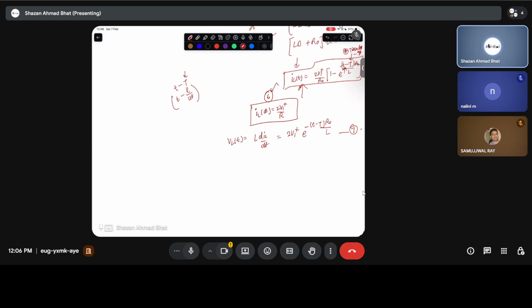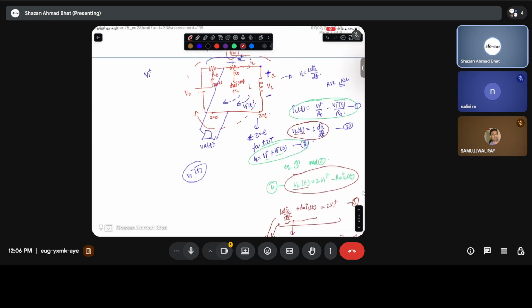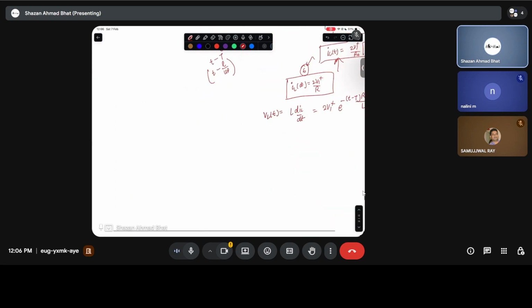So if you use equation 7 in equation 3, what you get is the value of V1. That means V1 minus of t will be equivalent to 2V1+ into e to the power minus t R0 divided by L, minus half.